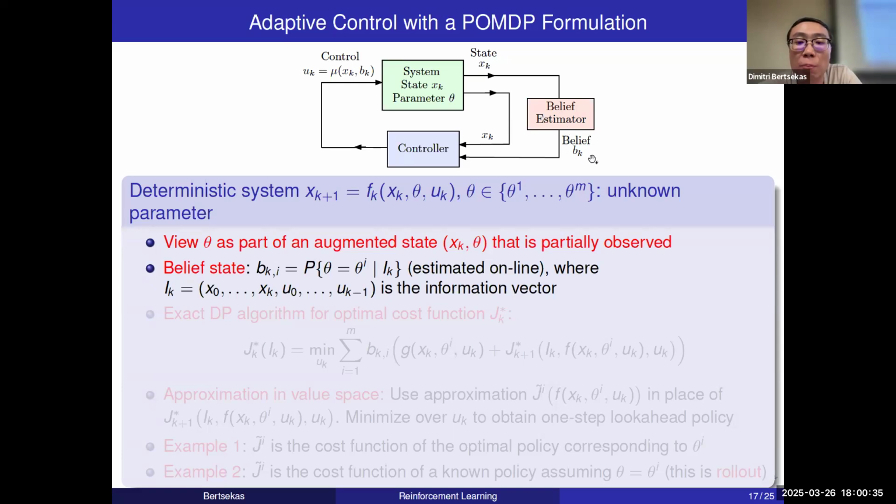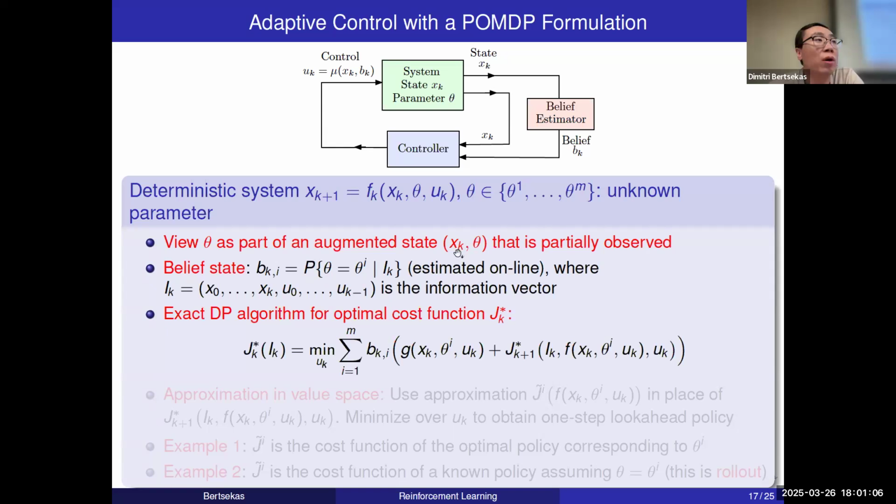And we have a belief of the probability of theta being equal to any one of them. Based on this belief and the xk we can observe, we define a controller that is a function of xk and bk in order to obtain a control and apply it to the system.